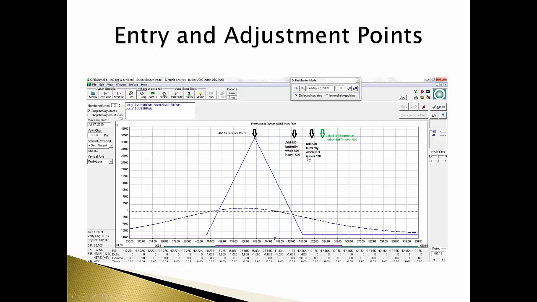When the Russell goes over 520, we're going to add our 500 butterfly, which is going to be right about here. When the Russell hits 530 or is over 530, we're going to start our roll sequence where we're going to pick up this 460 butterfly and bring it all the way forward to the next strike that's 20 points higher than the last butterfly we had on.